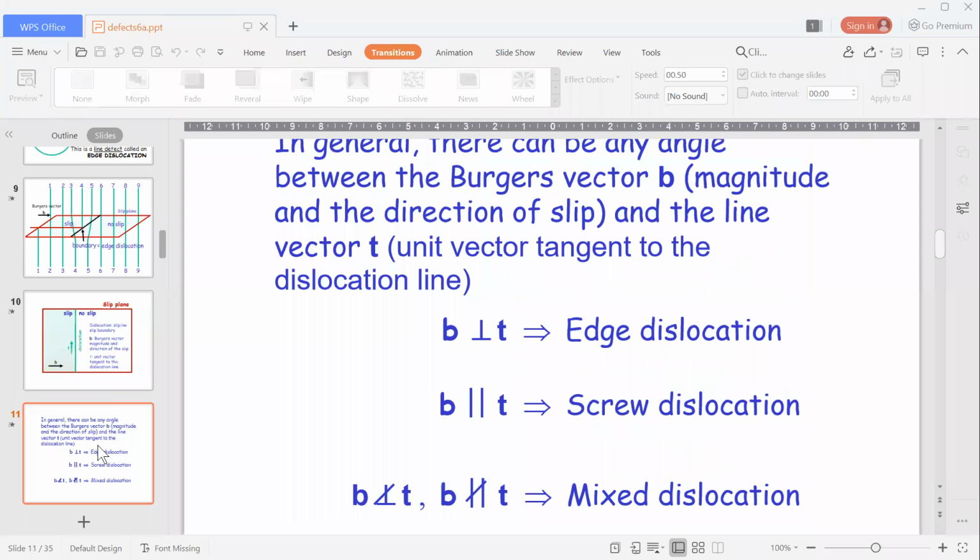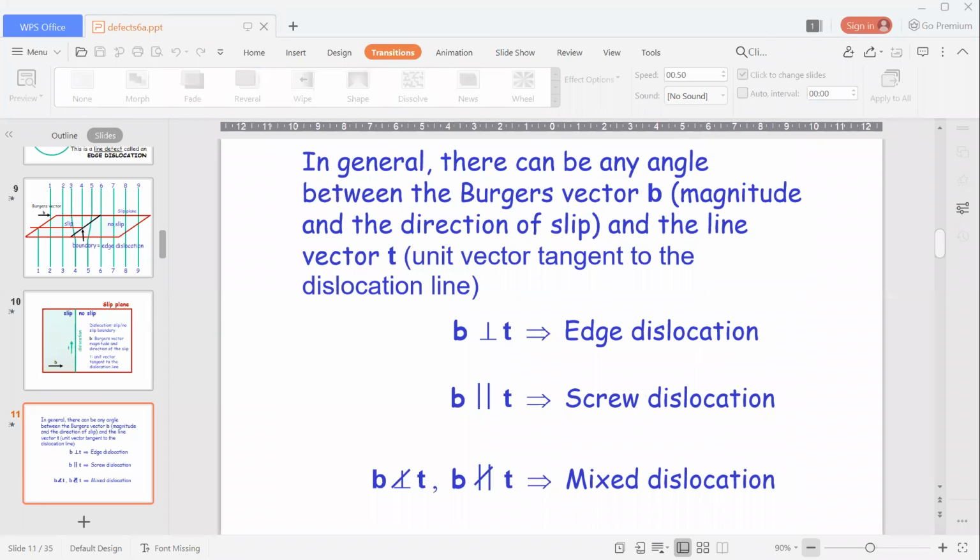So in general, the correlation between b and t could be anything, but we have three special cases. When b is perpendicular to t, we have the edge dislocation. If they are parallel to each other, then we refer to the case as the screw dislocation.